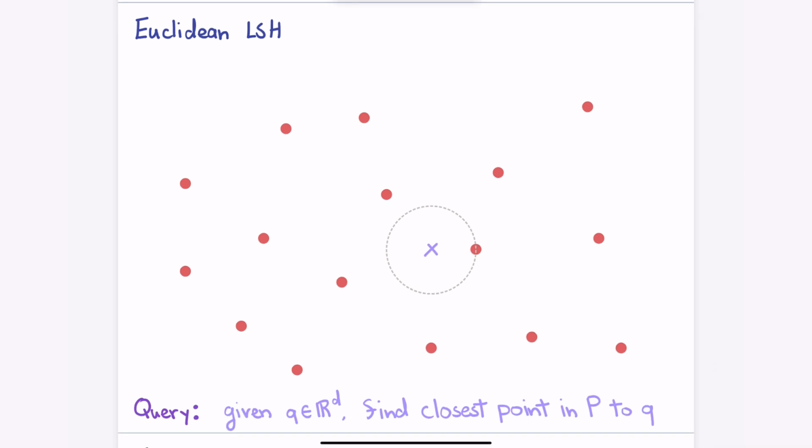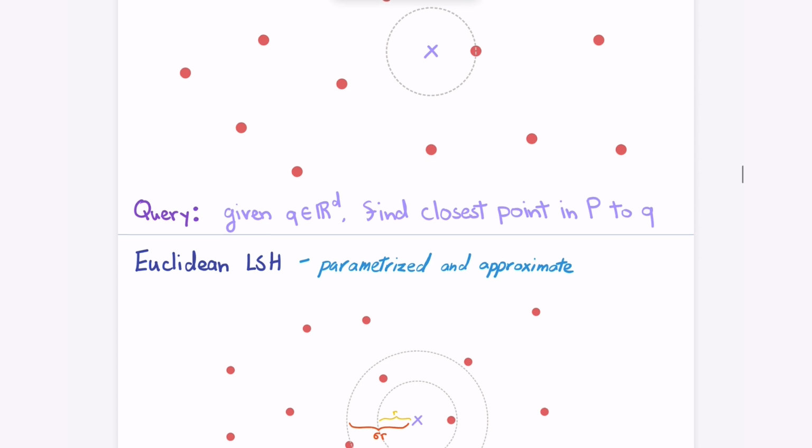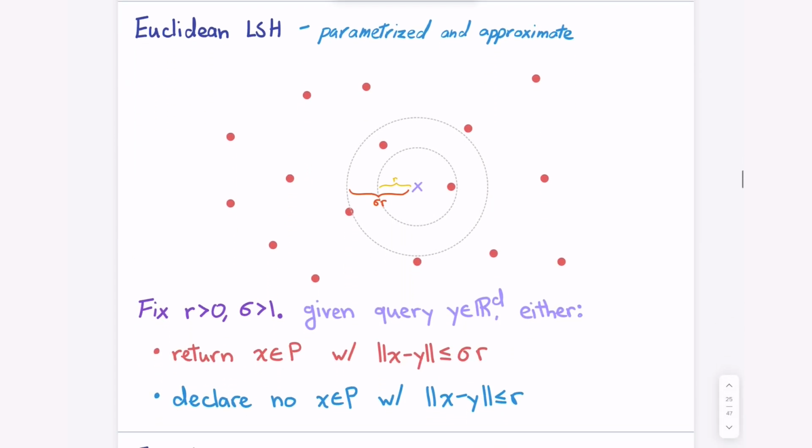So we're going to try to do something similar for Euclidean LSH. Euclidean distance isn't angle, so we'll do something a little bit different. First, I'll mention that we are going to do an approximate kind of thing. We'll have two parameters. One is the target radius r, which could be like 1 inch.